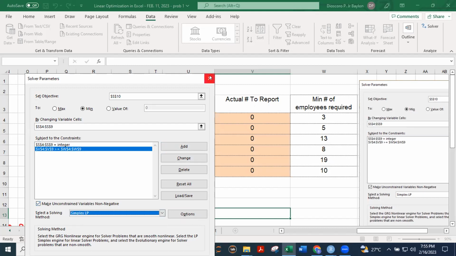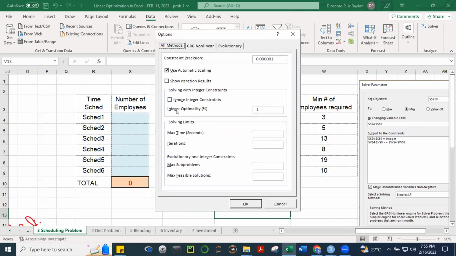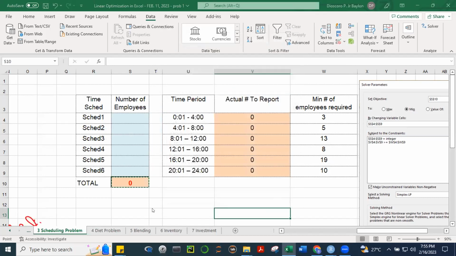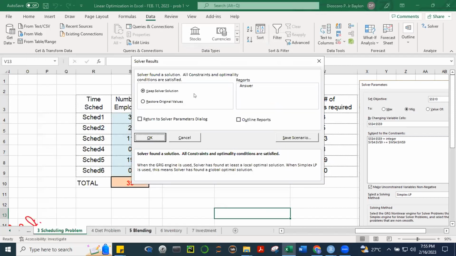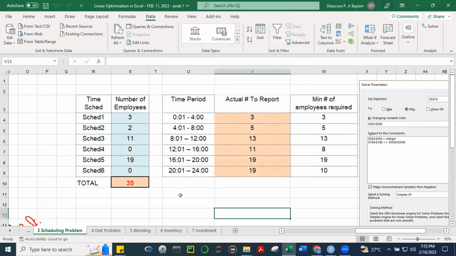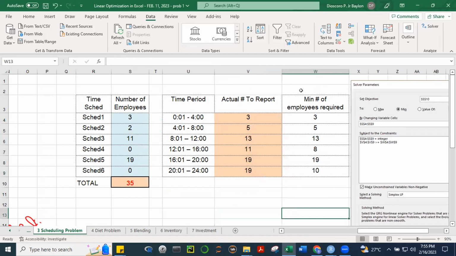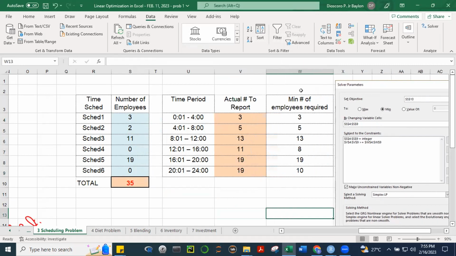All right. And then, of course, as I said, do not click the show iteration results anymore. So the solution will be, okay, there's my solution: 3, 2, 11, 12. Some of you might have different answers for the number of employees. However, if we check, the constraints should have been satisfied. Okay, there should be a minimum of 3. So you'll notice that all of these are minimums.